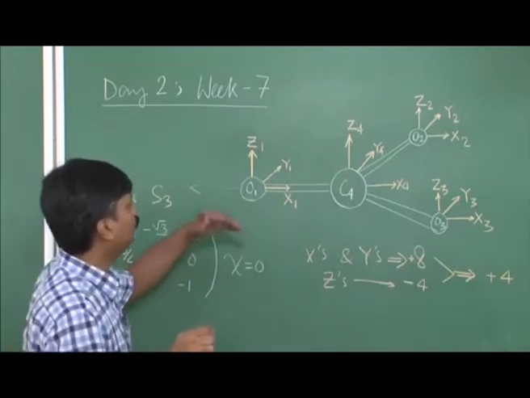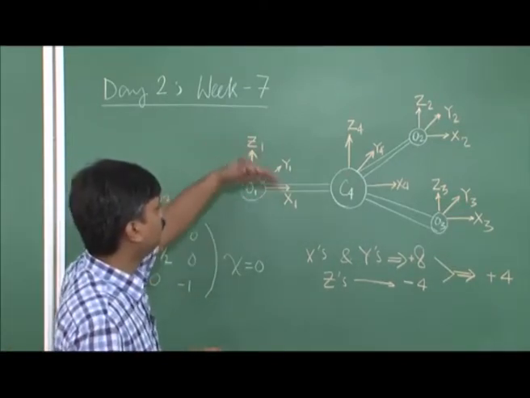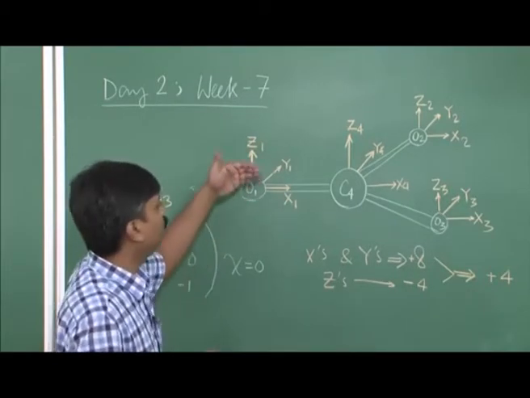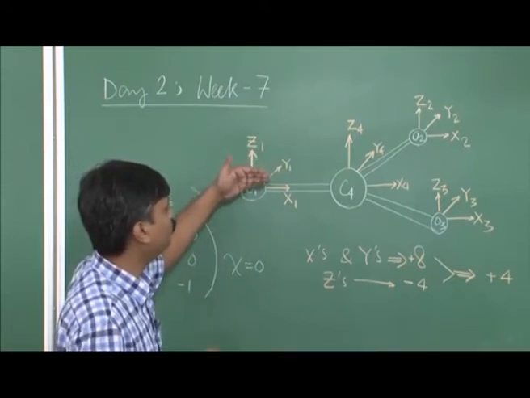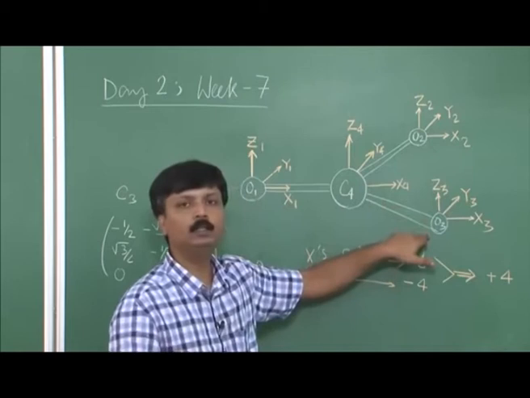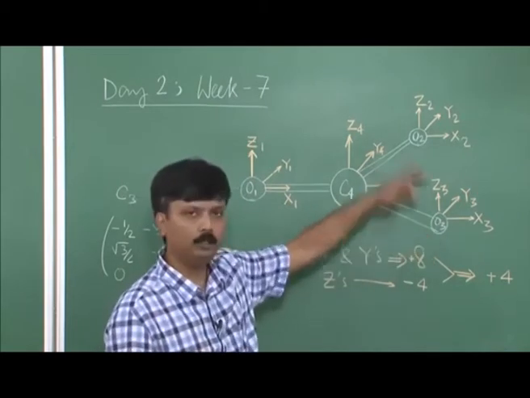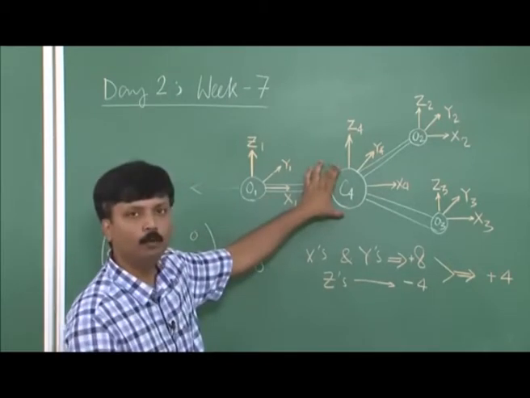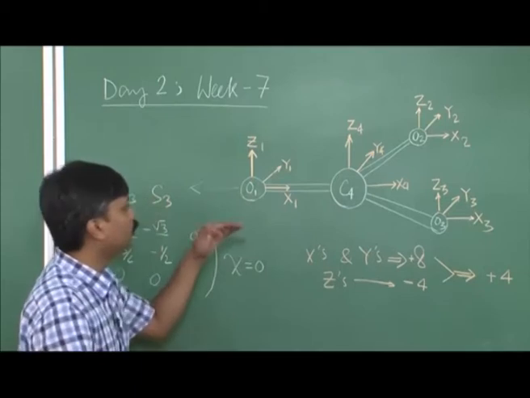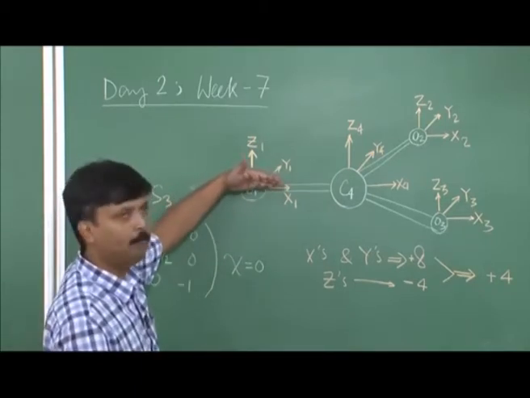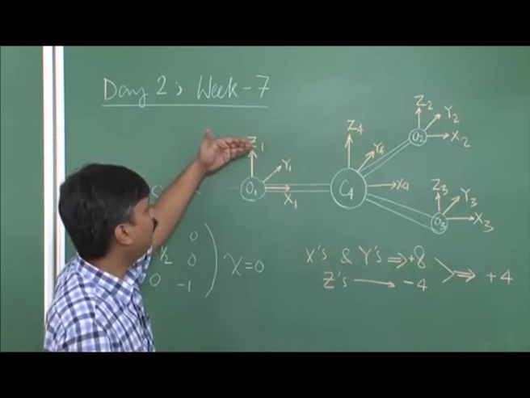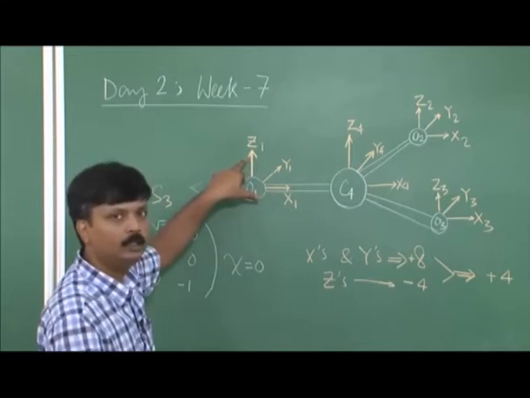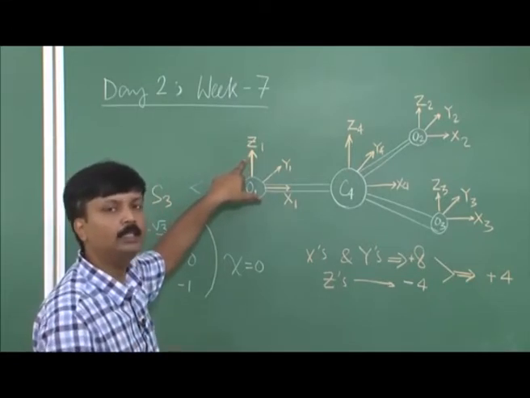Alright. So this contains the xz plane, correct? So what will happen to O2 and O3? They will be shifted completely because they are interchanging. So again I am left with this O1 and C4, correct, and their basis vectors. So since we are considering the xz plane, then I have contribution coming from x's and z's to be +1 each, because nothing is going to be changed.